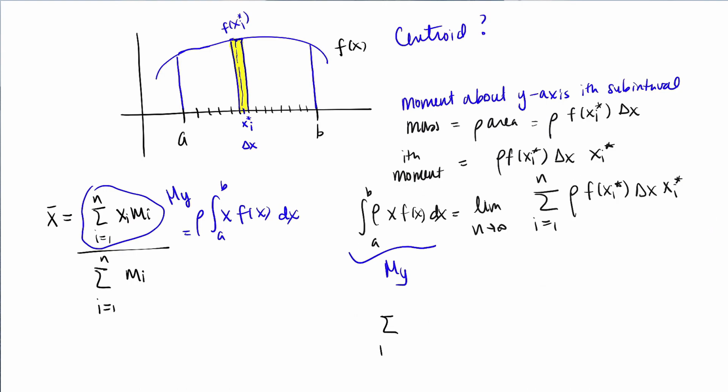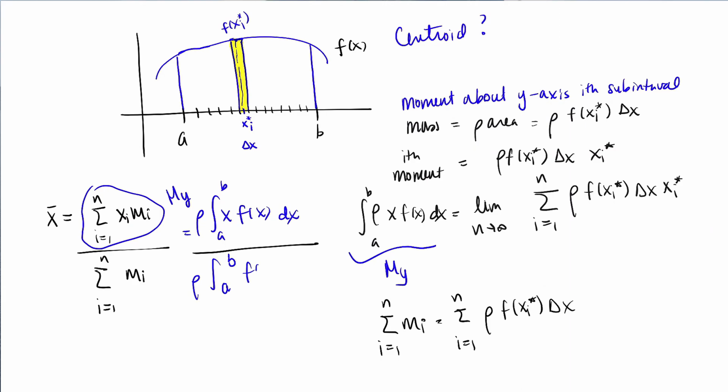The sum from i equals 1 to n of the mi's is just equal to, well, I have to add all the masses, which is the sum from i equals 1 to n of rho f of xi star delta x. So if you take it to the continuum by letting n go to infinity, then the denominator here is just rho times the integral from a to b of f of x dx. And something super interesting here is that you get to cancel the rhos, right? You get to cancel the densities.